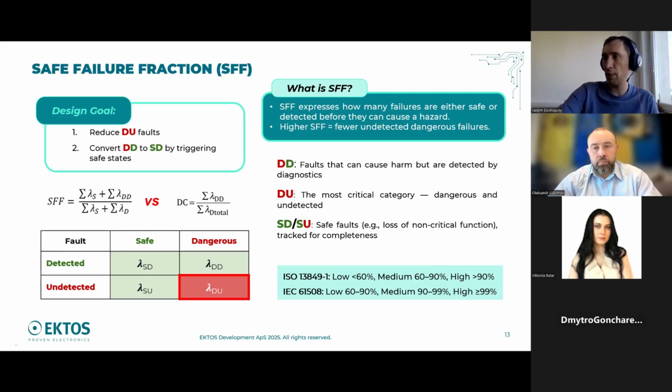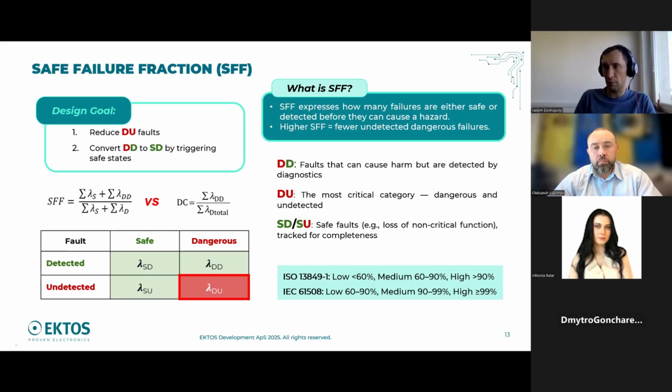And here you can see that diagnostic coverage is defined in a different way for machinery and for system safety. For machinery, low diagnostic coverage means below 60%, medium between 60 and 90, and high if it is higher than 90%.